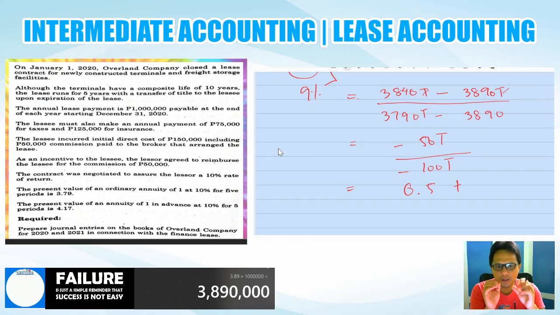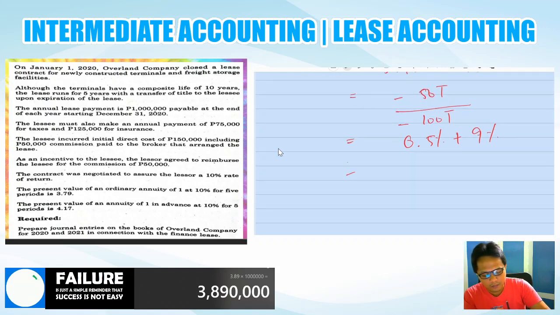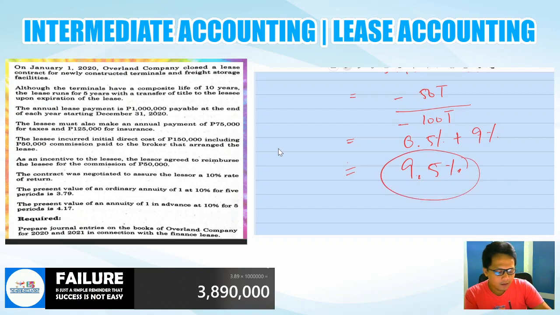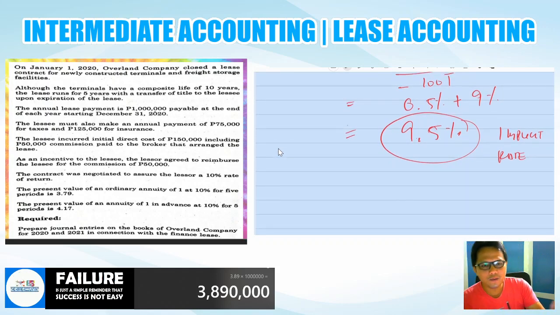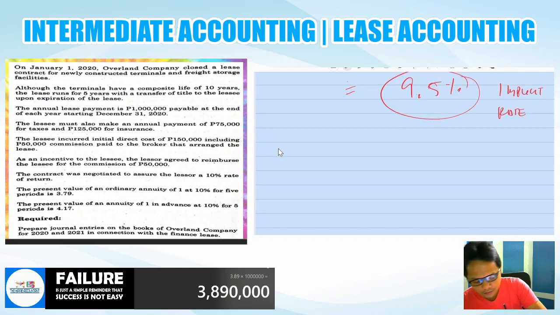Right? Inverse relationship. So it is 0.5 plus 9%, or 0.5% plus 9%. So that would basically be 9.5%. The new implicit rate. Okay? So, we can now make our amortization schedule.